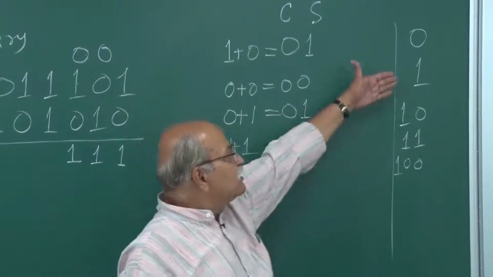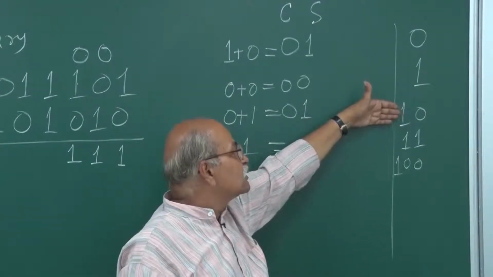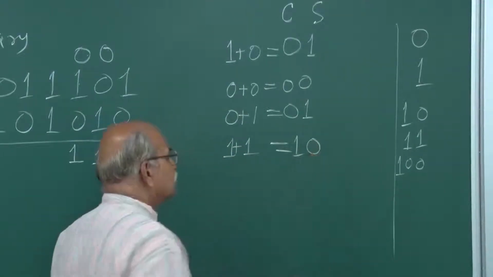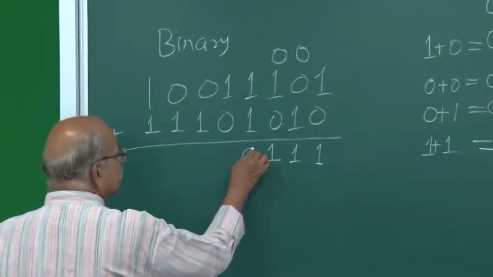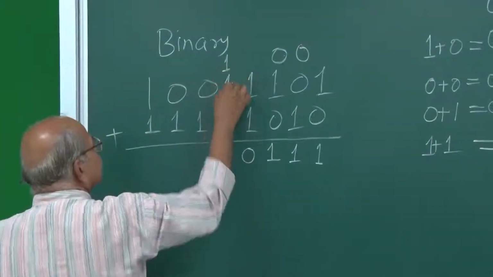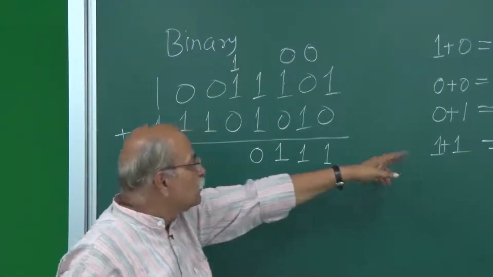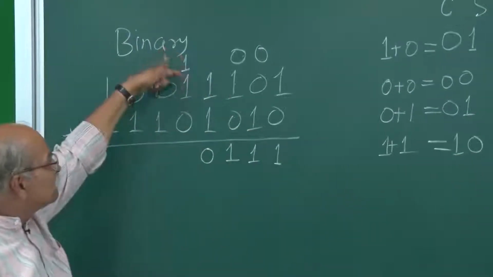So if I add 1 to this 1, I get the next consecutive number, which is 1 and 0. So that 0 is the sum and 1 is the carry. So I put the sum here and carry here. And then 1 plus 1 is again 1 0, and 0 is the sum and 1 is the carry. So this 1 plus 1 is 0.